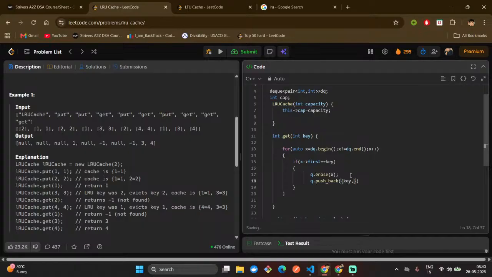And you have to find, like, second. And with the x dot second.